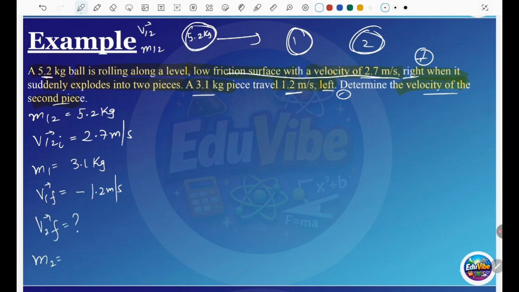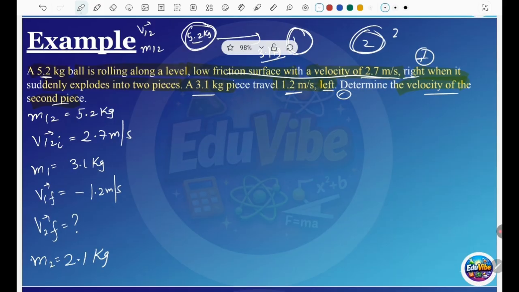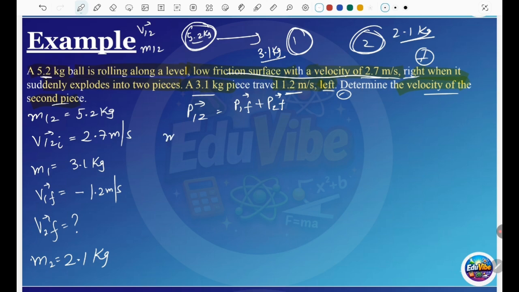And we need the mass of 2. How can we find it? This is 3.1 kg, the total is 5.2 kg. We subtract 5.2 minus 3.1, we get 2.1. So mass 2 is 2.1 kg. Now we first have the combined initial momentum, then the final momentum of both pieces: m1 v1 final, m2 v2 final.